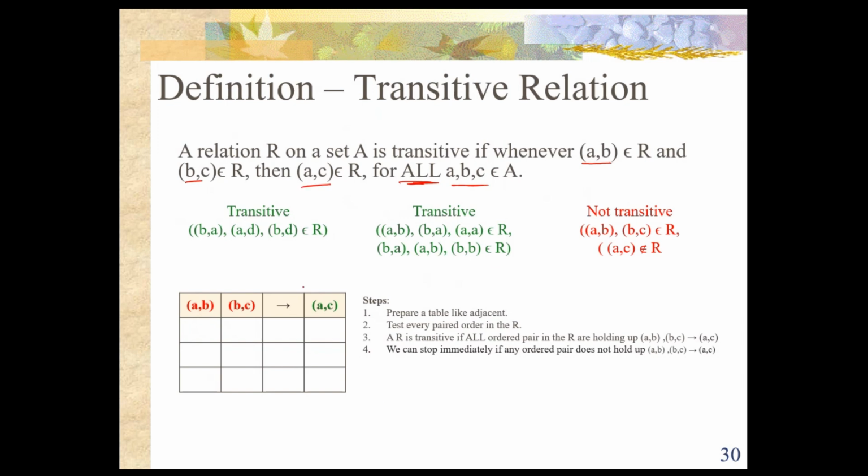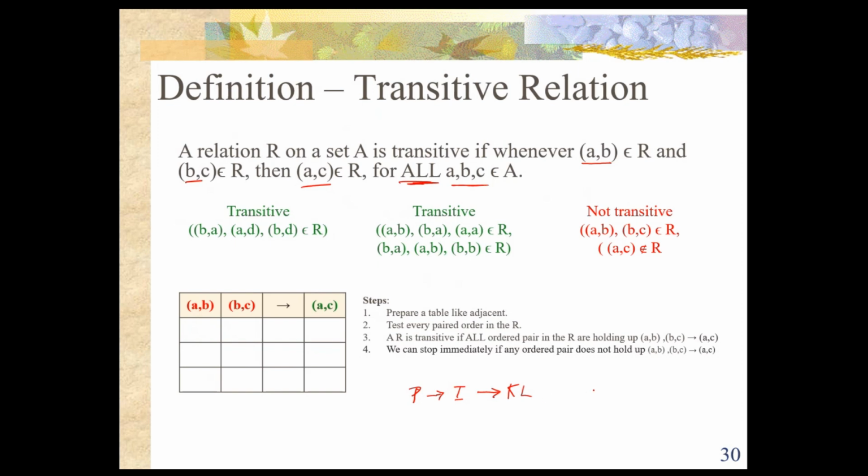So let's look at one analogy. Are we able to get from Georgetown, Penang to Ipoh? Yes, right? Can we get from Ipoh to Kuala Lumpur? The answer is yes.